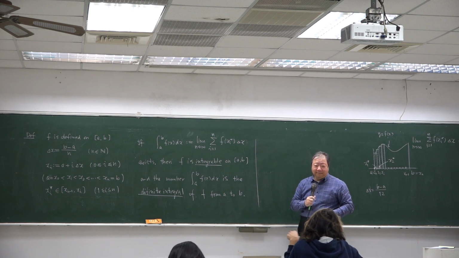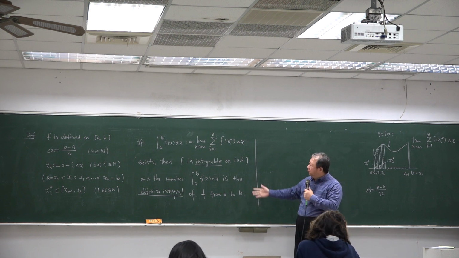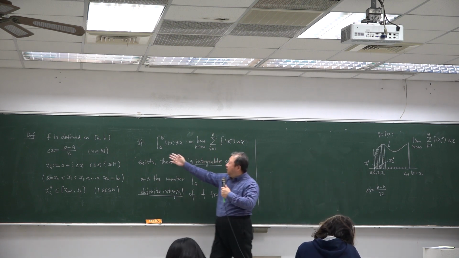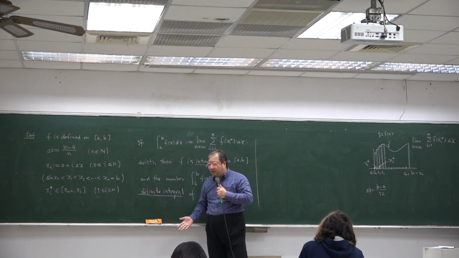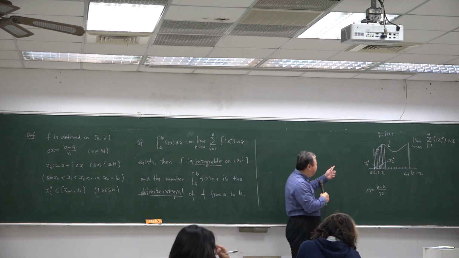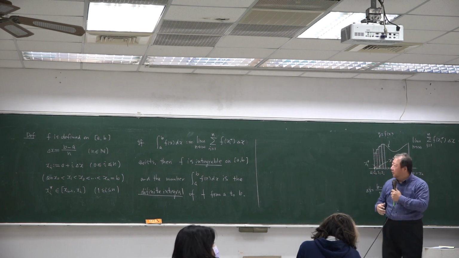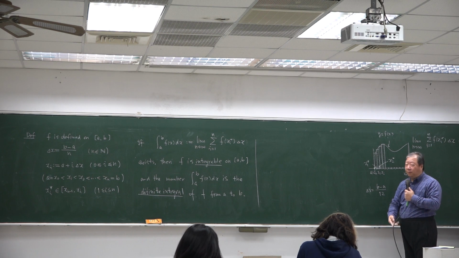But why is n approaching infinity? Oh, so if, a big if, this limit exists, of course, if f is continuous, as I told you, this limit will exist. Why?